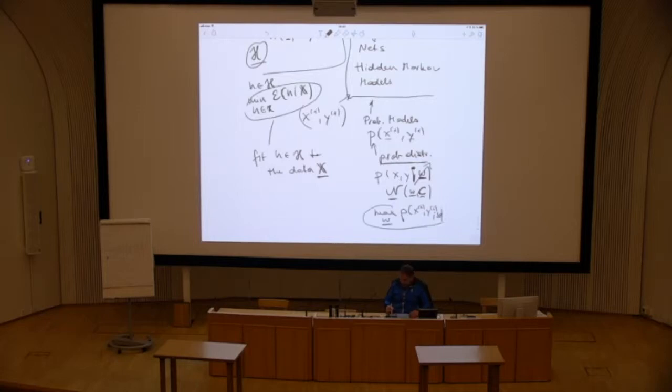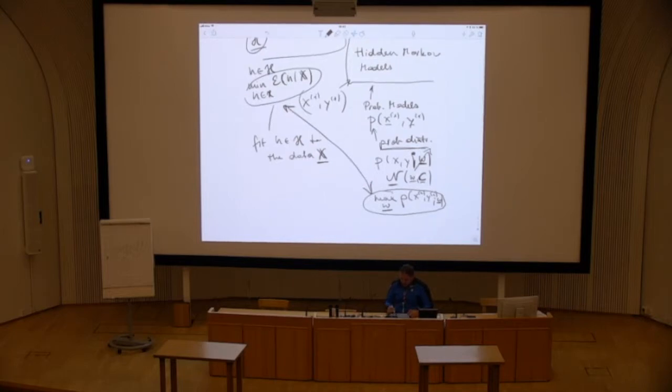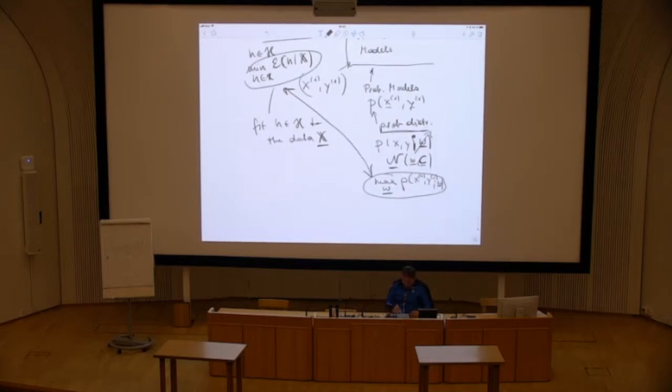And it turns out this is equivalent to empirical risk minimization if we define the risk as minus the logarithm of the probability. So this probability or this likelihood function can be used to define a loss function.